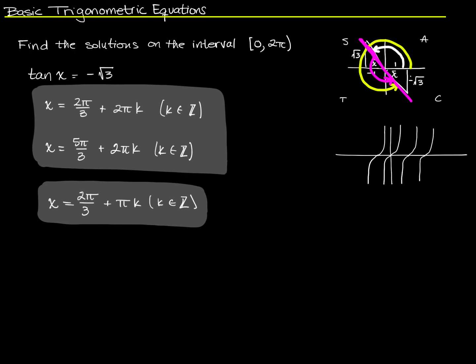In fact, we did all the hard work for this before we wrote our answers in this form. To answer this question, where we're restricting ourselves to the domain 0 to 2 pi, we want to find all the solutions that we run across. Here's the first one, 2 pi over 3. And there's 5 pi over 3, before we start again. In other words, we don't want the plus 2 pi k part, or the plus pi k part.